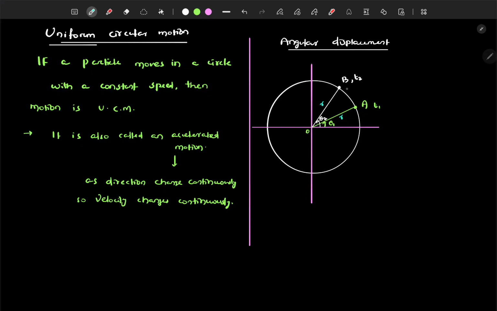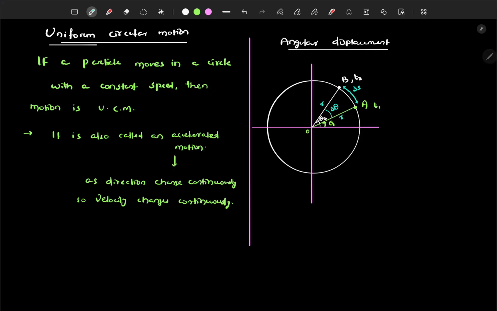From A to B, this line represents delta S and the angle difference is delta theta. In the diagram, AB is an arc.